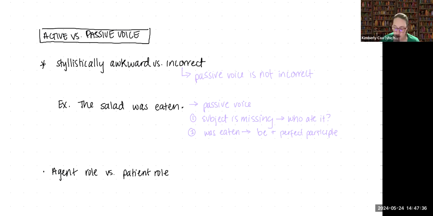So for instance, if we wanted to change this, we might say, let's see, "the students ate the salad." Right? And what this does is it puts everything back in its appropriate place: subject, verb, direct object. What's happening in the passive is that we have the verb and technically the direct object, but we're dropping the subject, and that creates a passive voice construction.